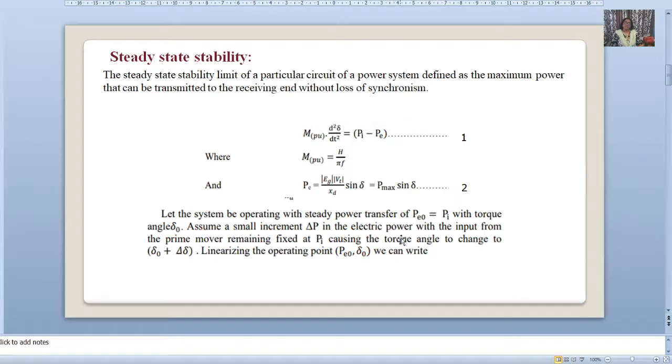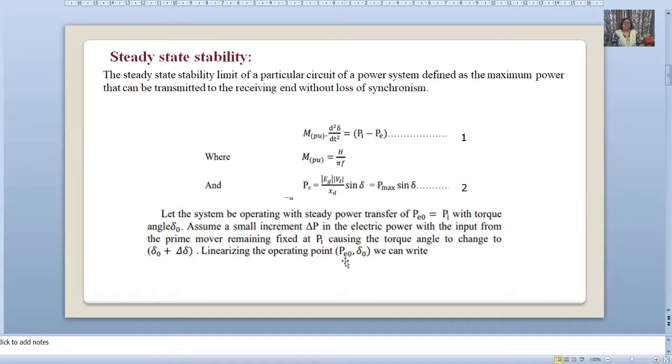Assume a small increment delta P in the electrical power with the input from the prime mover remaining fixed at Pi, causing the torque angle to change from del 0 to del 0 plus delta del. We are considering a small increment in del, and that's why it is delta del.